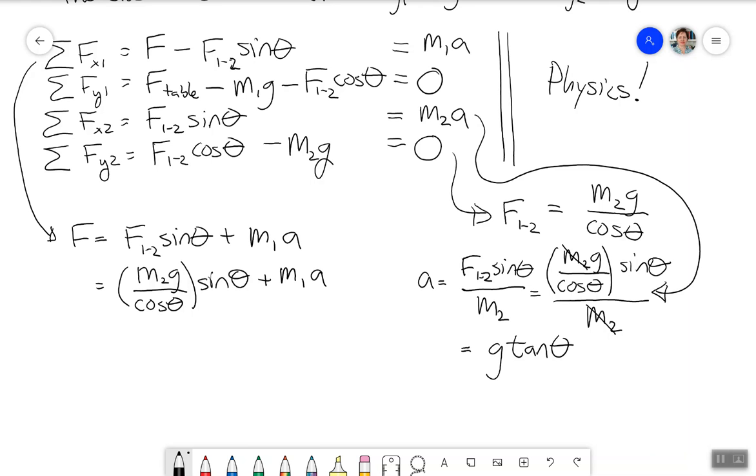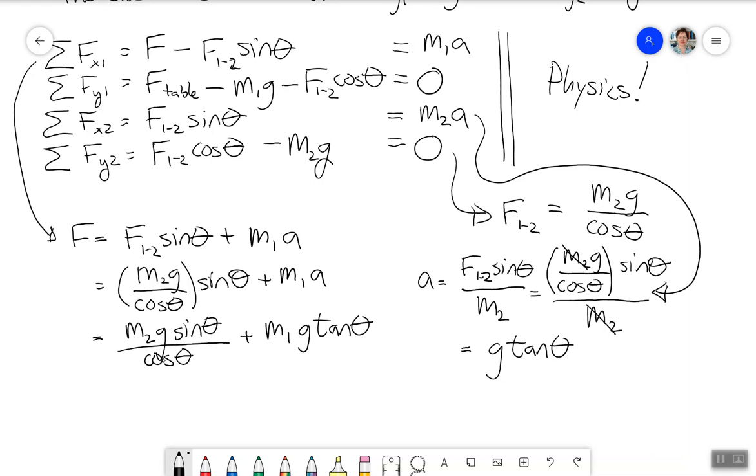So I'll substitute that back in. I'm going to rewrite this once again, and I get that this is M2G sine theta divided by cosine theta plus M1, and now A is just G tangent theta because sine over cosine is tangent.